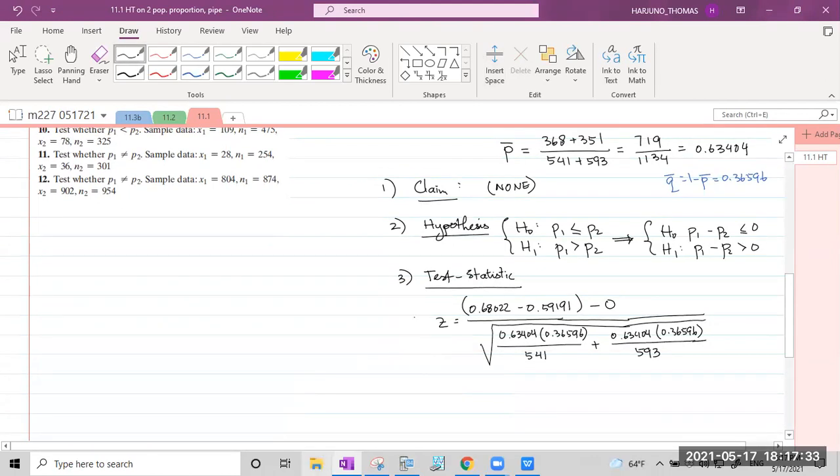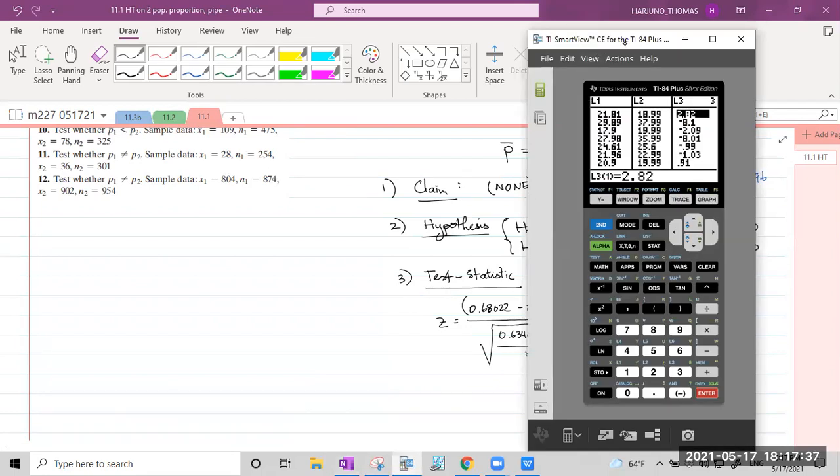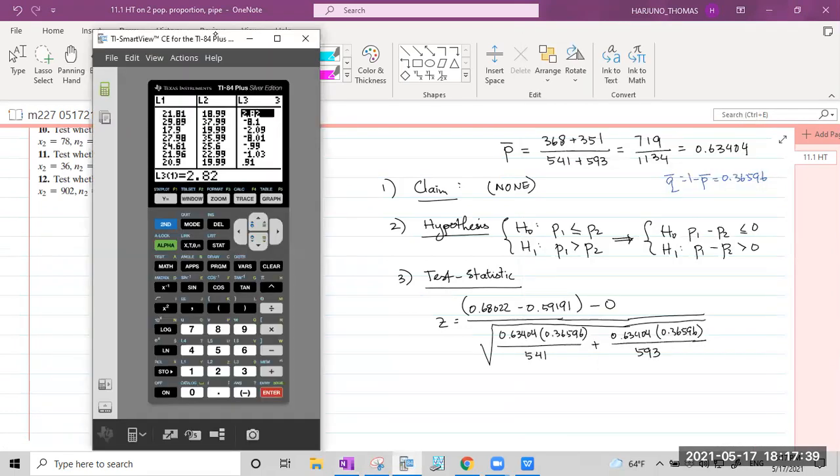You need to really focus when you use your calculator. Let me show you. Let me do the numerator first. The numerator will be 0.68022 minus 0.59191, close parenthesis.